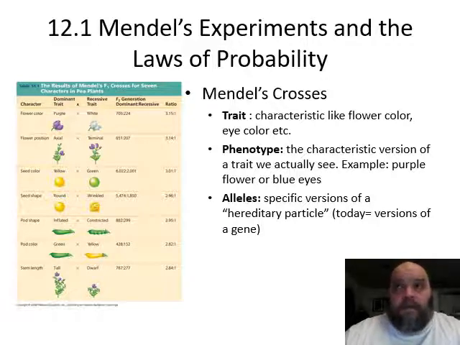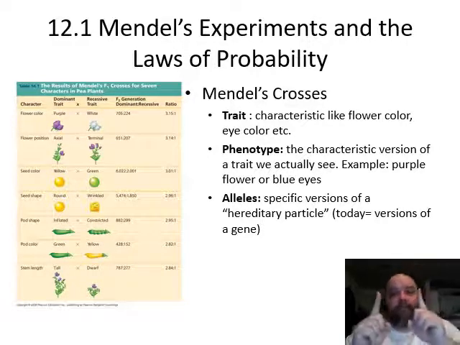And if you look at the numbers, 705 to 224, 651 to 207, and on and on and on. In his mind, when he looked at those numbers, he started to see a ratio. 3.15 to 1, 3.14 to 1, 3.01 to 1, 2.96 to 1, 2.95 to 1, and so on. Average those out, basically you get a 3 to 1 ratio.